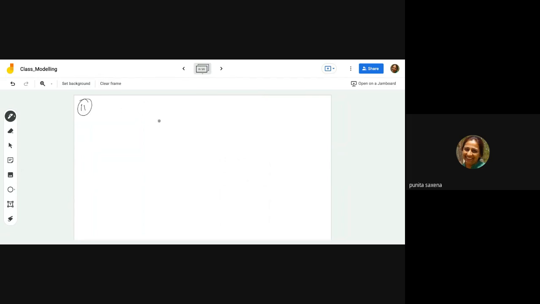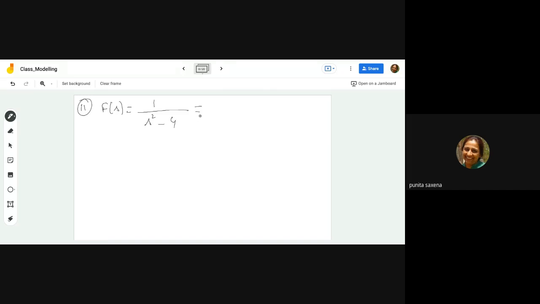Your F(s) is 1 upon s square minus 4. Now, it's of the form 1 upon s square minus k square, right?